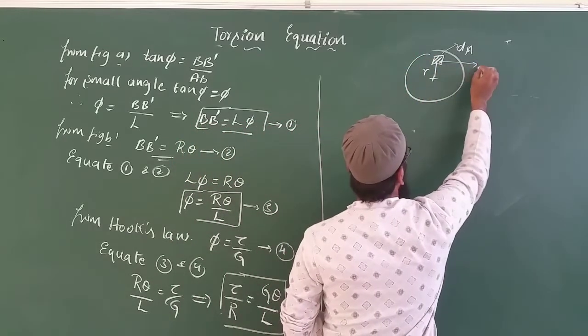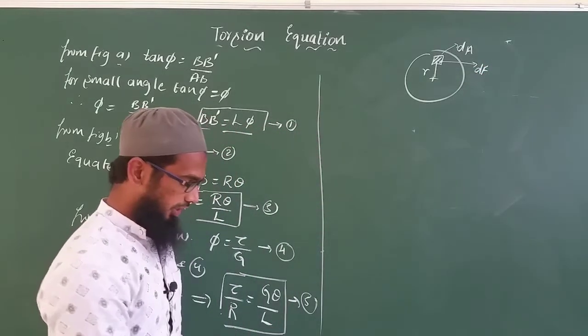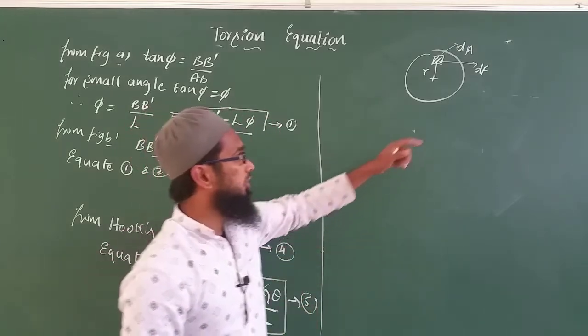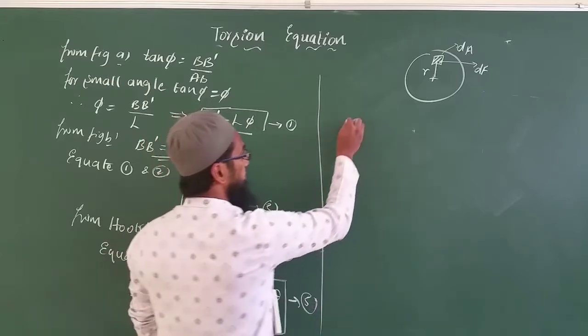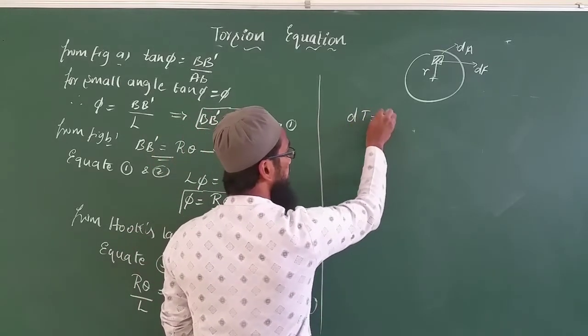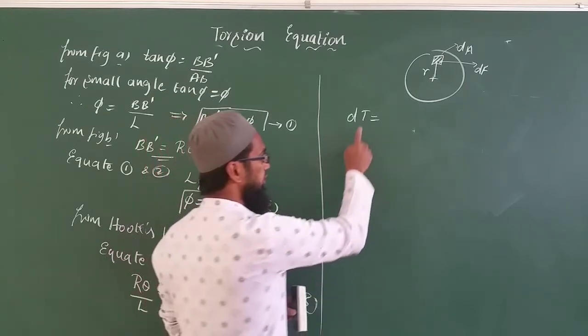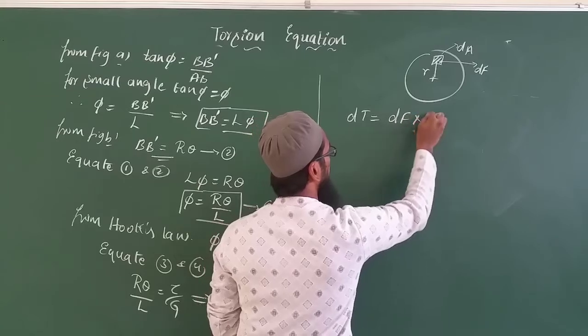Now it is subjected to a force of dF here. Now I try to find out what will be the torque in this particular differential element. So dT, that is the torque in this particular differential element, is dF into r.